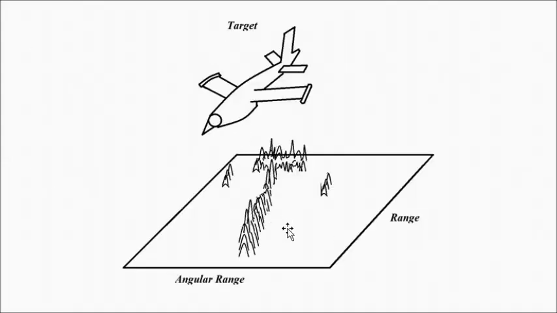Like this, suppose we have a plane passing by and the radar tries to detect various features on the plane. For example, starting from the beginning to the end, the different features of the plane can be detected depending on the signals reflected by striking the different parts of the plane.